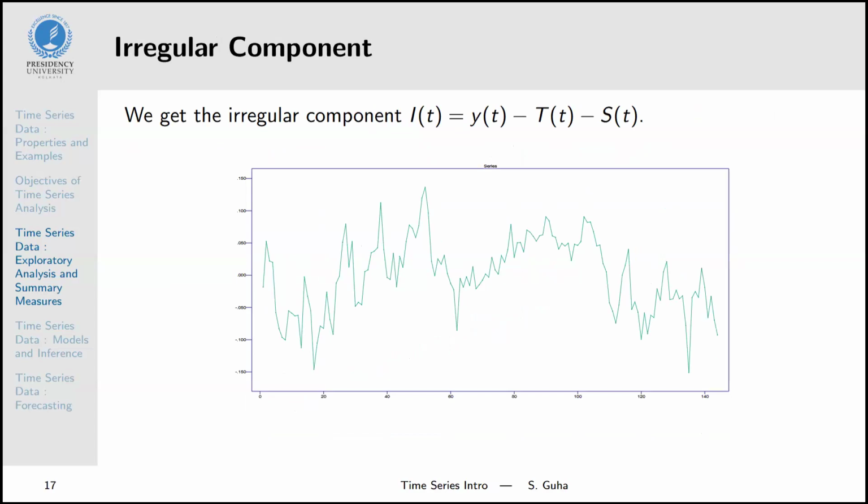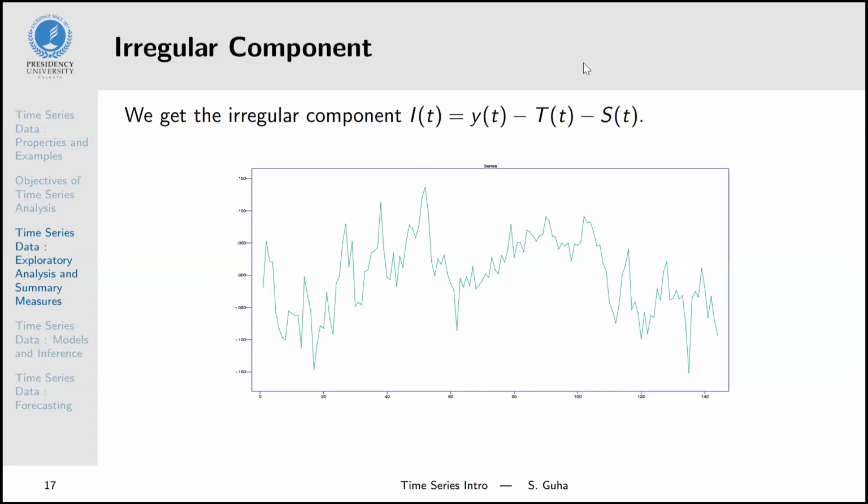Is it okay, sir, for seasonal, we have to remove seasonal January, seasonal February, seasonal March, seasonal April, like this? Right. Seasonal March will be removed when you are talking about the irregular component for March. Seasonal February will be removed when you are talking about the irregular component for February. It's like that.